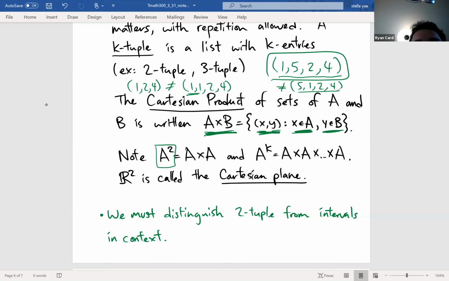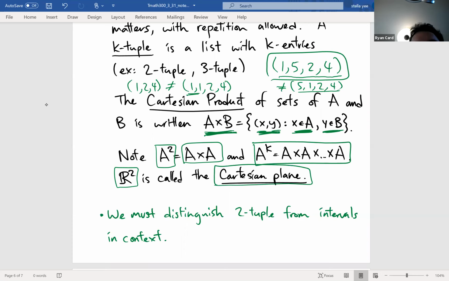So if I write A squared, that means it's a Cartesian product of the set A crossed with itself. Or you could have a larger exponent if you like. So R squared is called the Cartesian plane. So this is the x and y coordinates that you usually draw when you draw a graph, right?